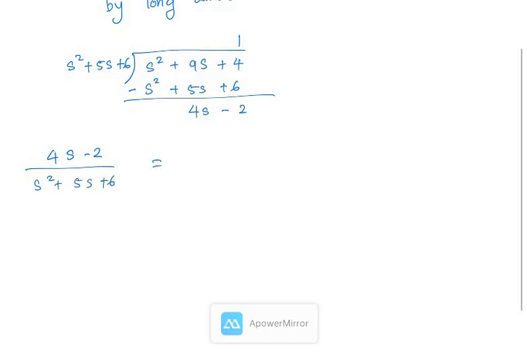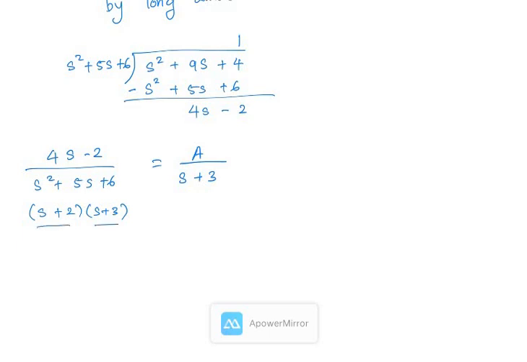So I can have the A and B. So A divided by s plus 3. Okay, but before that I can factorize it. This one I can factorize. This means that is s and s, and then this one is 2 times 3. Okay, so this is a plus and plus, so I can get s squared plus 5s plus 6.